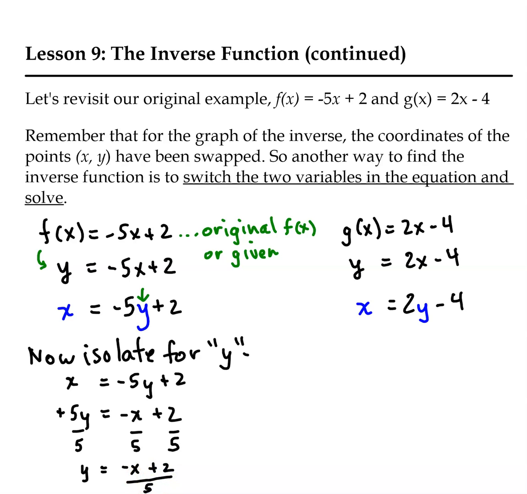I paused for a moment because I don't actually like the negative. I could leave it as x minus 2 divided by negative 5 if I wished. So you have some choices here when you're isolating for your variable y. Now let's try the right side.